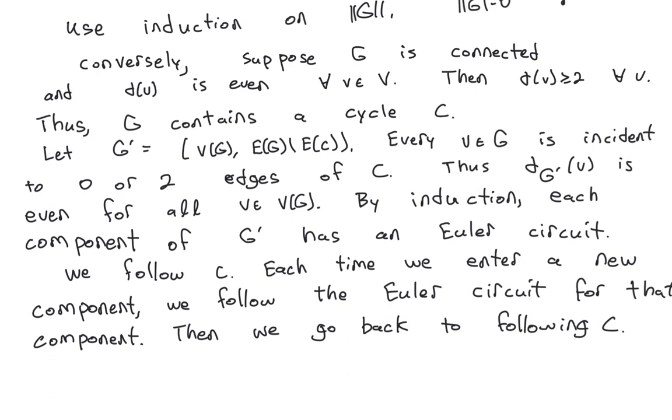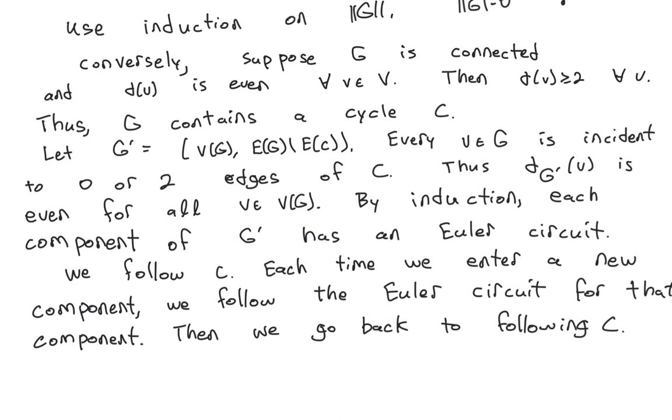Now the overall proof strategy is going to be to delete that cycle, use induction to get an Euler circuit on each of the components, and then explain how to combine those circuits together with the cycle to get a circuit in the original graph.